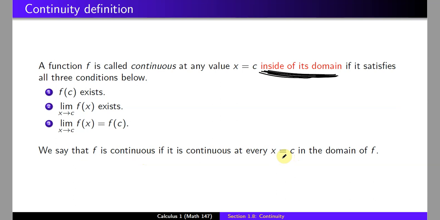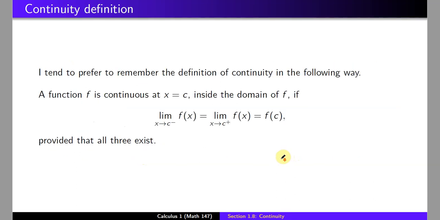Now, I prefer a slightly different definition, which is equivalent to this. I tend to prefer to remember this definition of continuity in the following way. We say that a function f is continuous at x equals c, again inside of the domain of the function, if the limit from the left is equal to the limit from the right is equal to the value of the function, provided that all three exist.